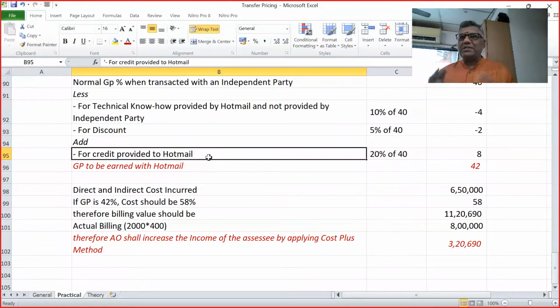Always in cost plus method, the challenge is finding out the percentage. Not the cost challenge. Cost incurred is a sunk cost. It will be directly given to you.